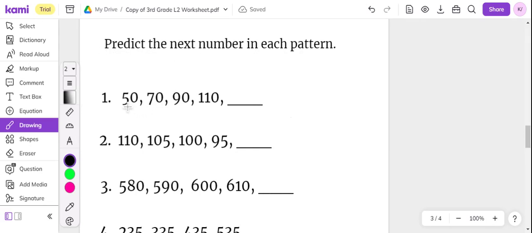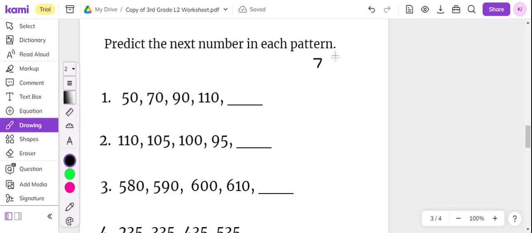First we have 50, and then we go to 70, then 90, then 110. So we can either do this in our head, or we can go and work off to the side. We can see that each time we see a number, it goes up.